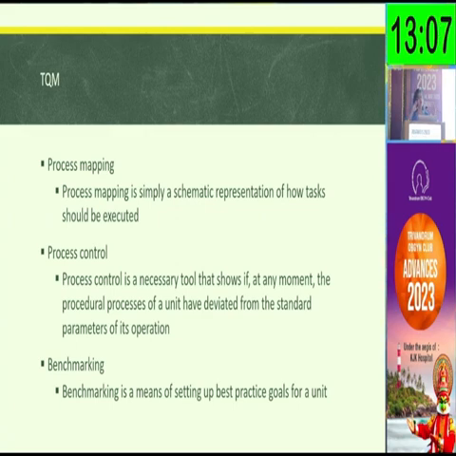When a process goes from pickup to the transfer to the ICSI, the process is mapped. In the same way, if there is a problem in this process, you go through the process and find where there has been a lack. And there has to be a process control: if at any moment there is a procedural deviation, the standard operation has to be checked.